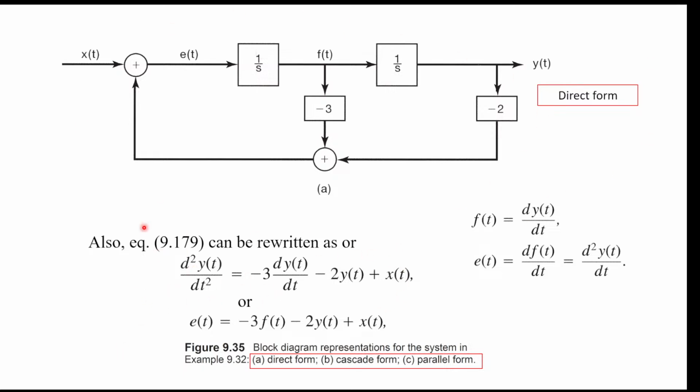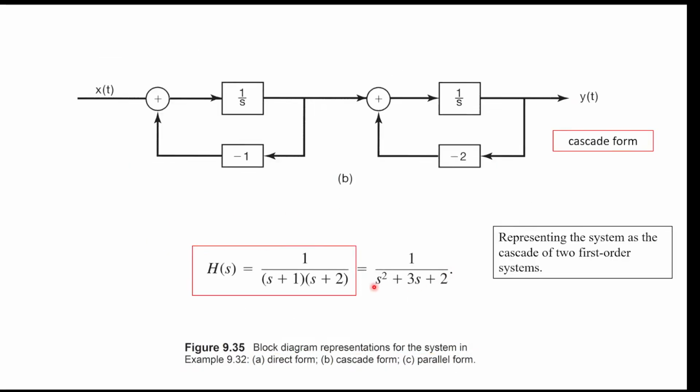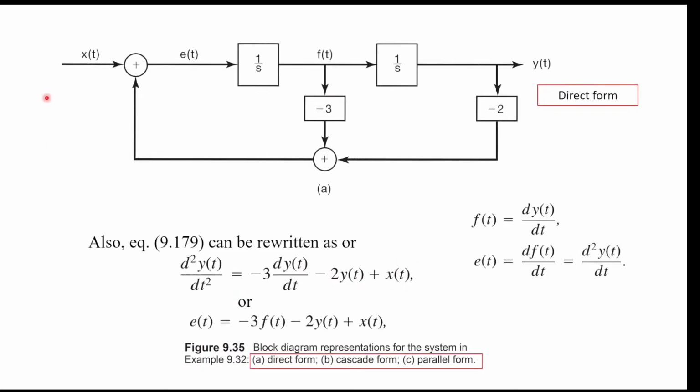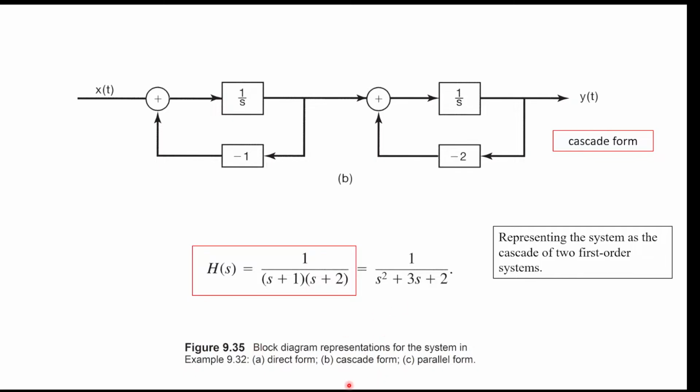Okay, and we see that we can construct systems with more complicated system functions or more complicated differential equations like this. So we have a differential equation, basically this 1 over s squared plus 3s plus 2. Then we can have a direct form like this. We have 2 integrators here. And then we can also have a cascaded form where we factor the denominator.